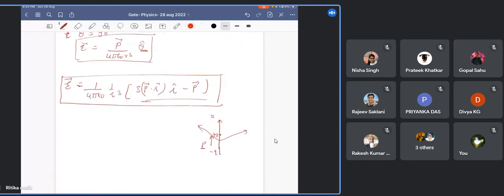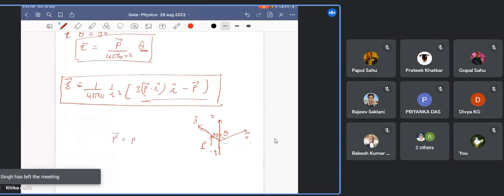It comes from the fact that the dipole moment P is decomposed into two components, one in the radial direction, r cap, which makes an angle theta, and another in the theta cap direction. So this is the r cap direction, and perpendicular to this is theta cap. So P vector can be written as mod of P cos theta in the r cap direction minus sine theta in the theta cap direction.